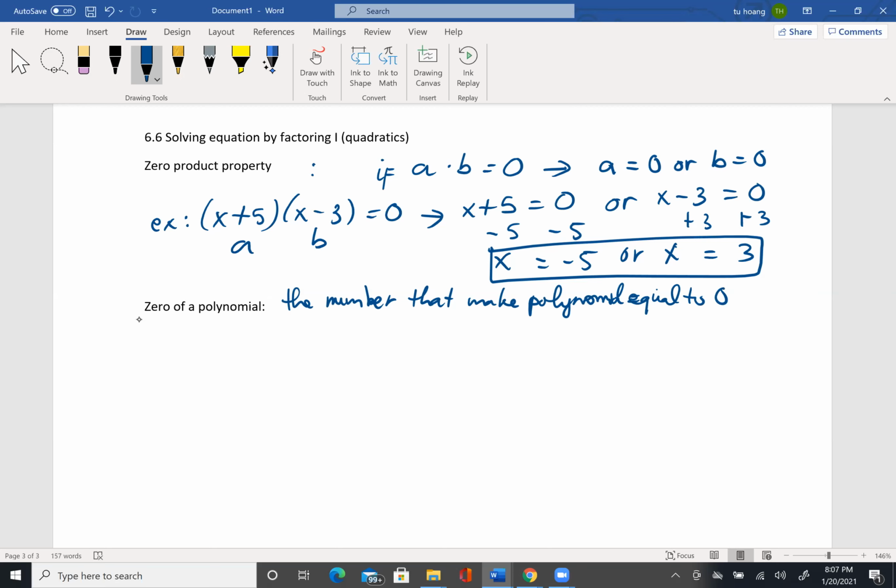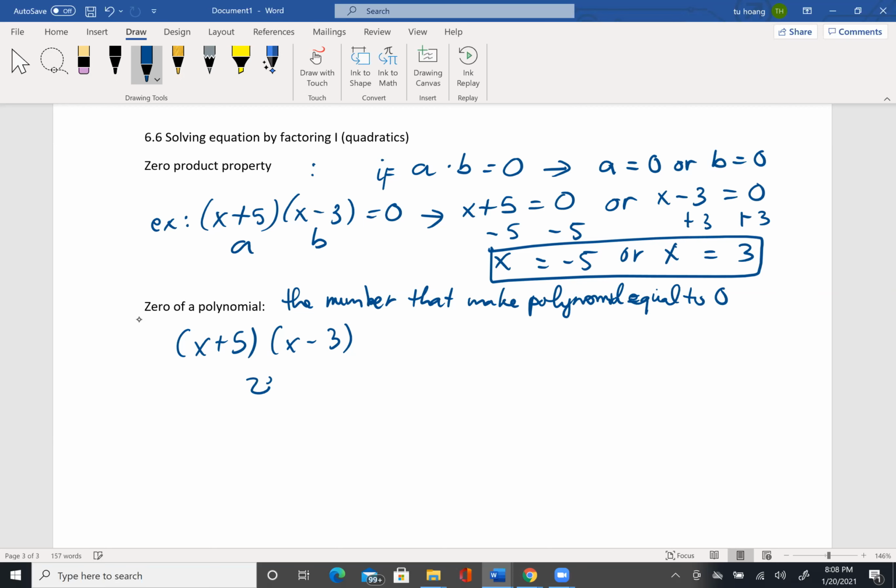So if I have x plus 5 times x minus 3, what is the zero of this polynomial?